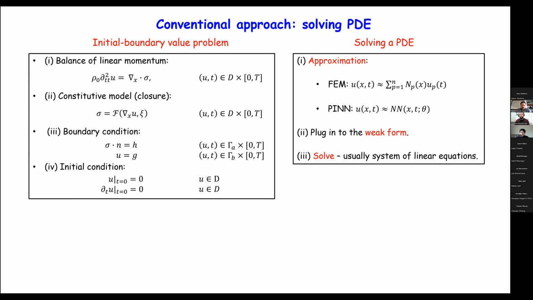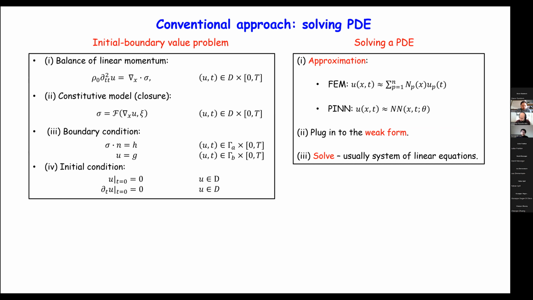So, for example, if we were going to solve it using the finite element method, we're going to write down our solutions approximately using polynomials. If we were going to use the so-called physics informed neural networks, then we're going to parameterize our solutions using a neural network.